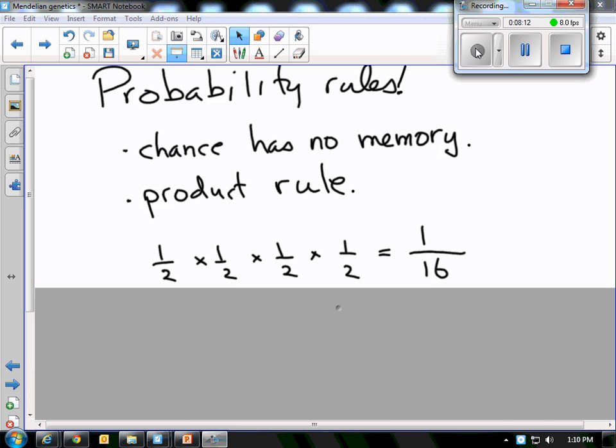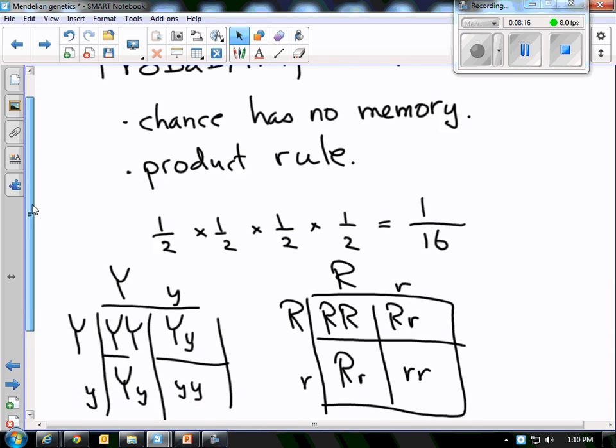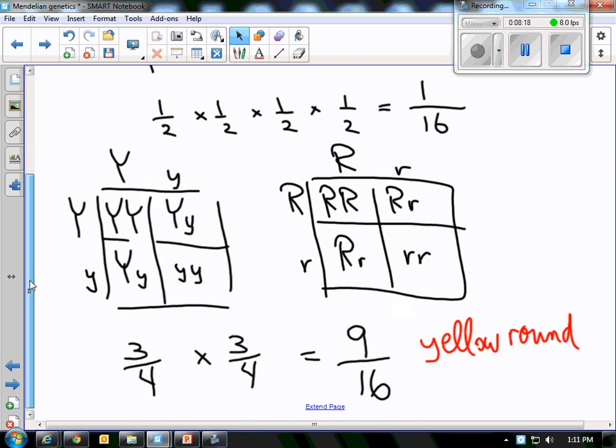One reason to teach this right now is that if we took that same big yellow round situation, doubly heterozygous, and did it on 2 separate little Punnett squares, did the yellow heterozygous and the round heterozygous on each separate square, this is very quick to fill out. We know this classic 3 to 1 ratio.